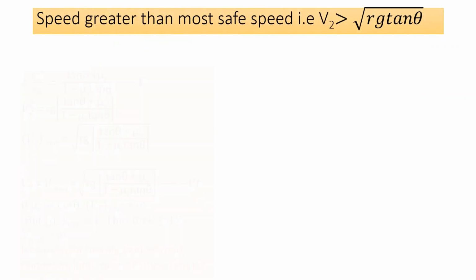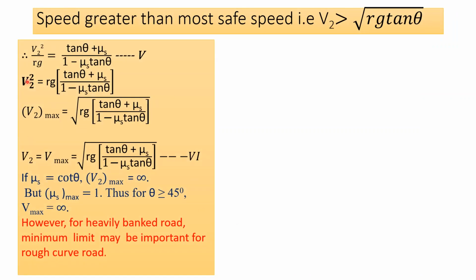Here, considering the same equation, we get v square as Rg into tan theta plus mu s upon 1 minus mu s tan theta.